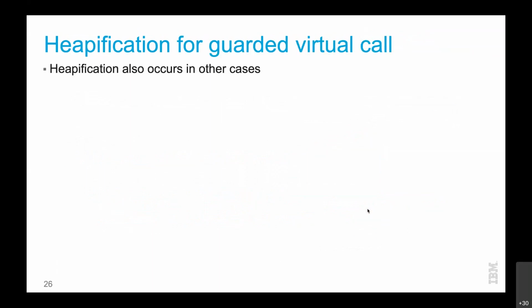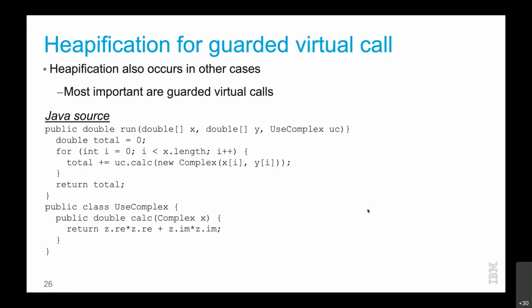Heapification can also occur in other cases, and one of the most important of those is with guarded virtual calls. Again, this is a situation where you have a block of code that is, at least so far in the execution, infrequently, or in fact never, being executed. So consider this example.